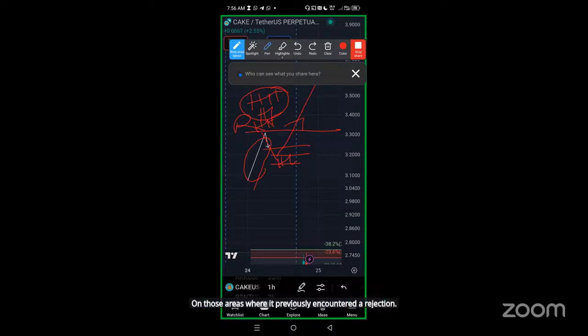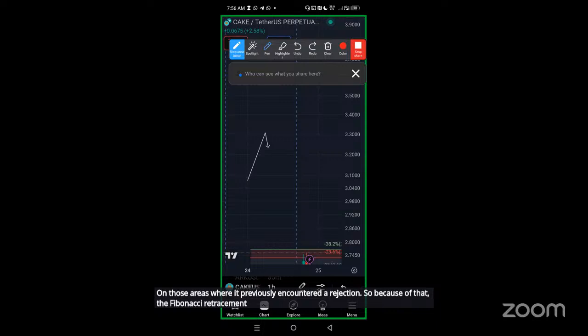So the Fibonacci retracement will only capture this established movement, and it will leave out this other one which is building up.